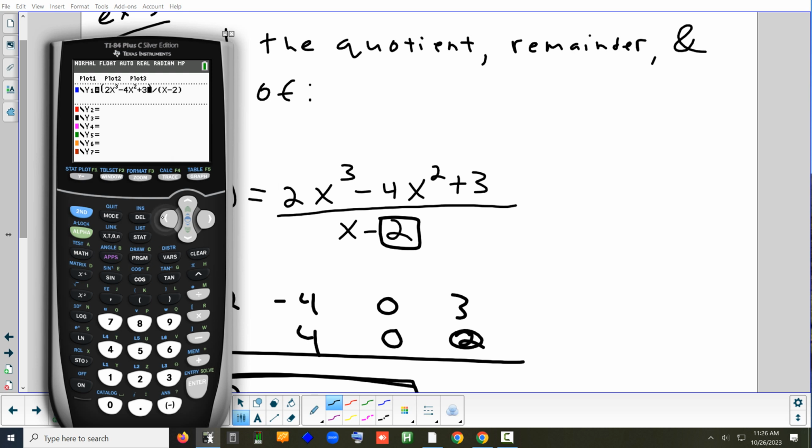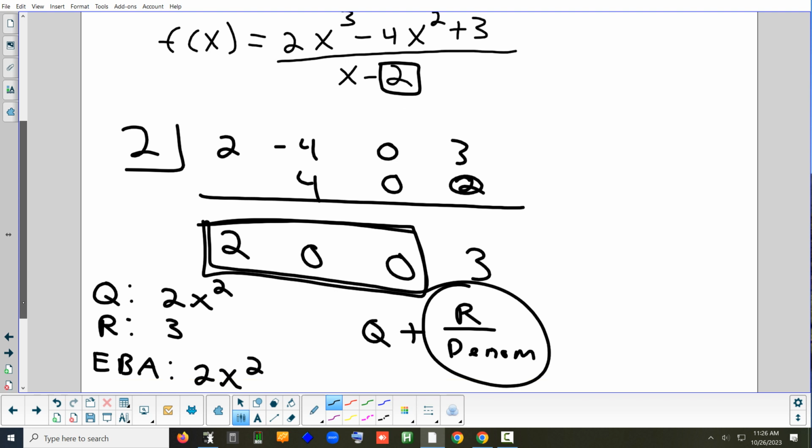Okay. Because we're going to be drawing things that are going to start to get very close together, I want the line to be as thin as possible. So I'm going to make it thinner just so it's easier to see. And the EBA came out to 2x squared.